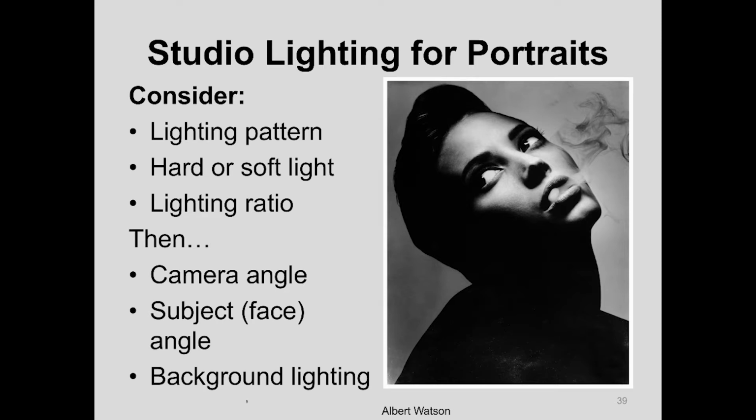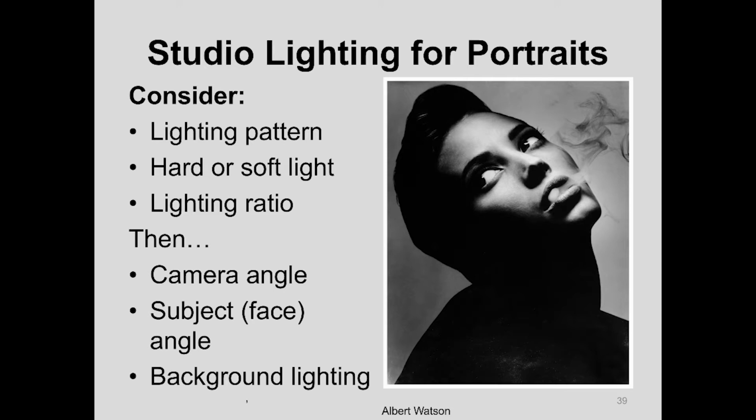Do you want to include background lighting, or do you want just that low-key lighting where there's a spot of light which illuminates the subject and they emerge from the darkness? With background light, it's important to think about how the final image will look.